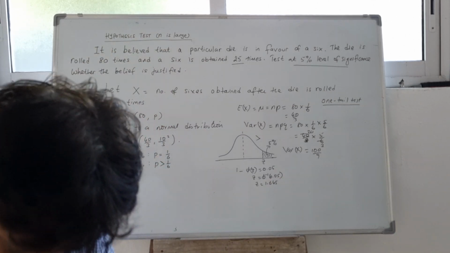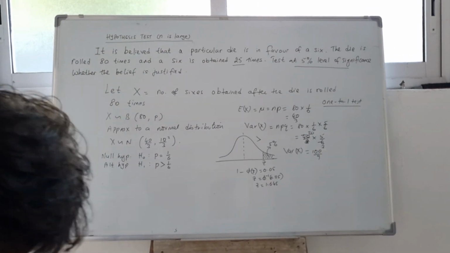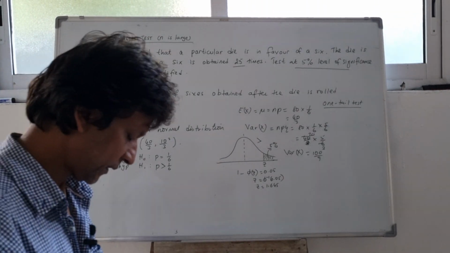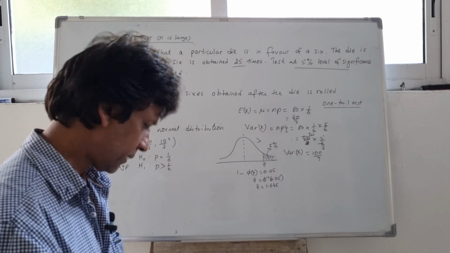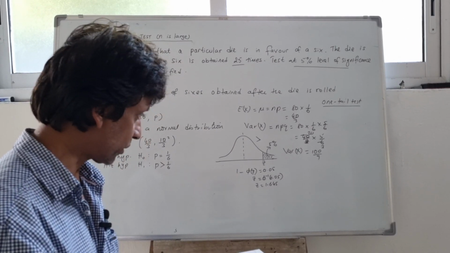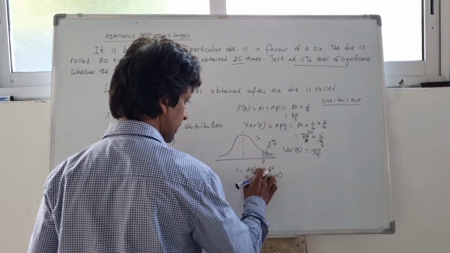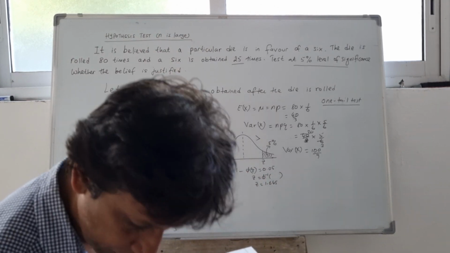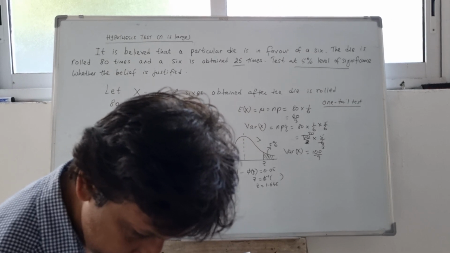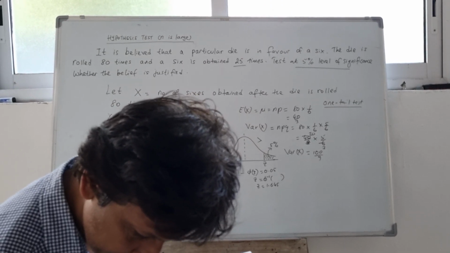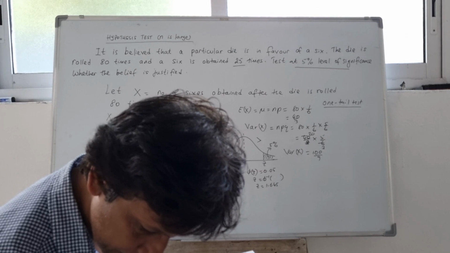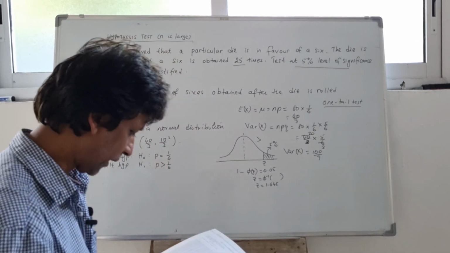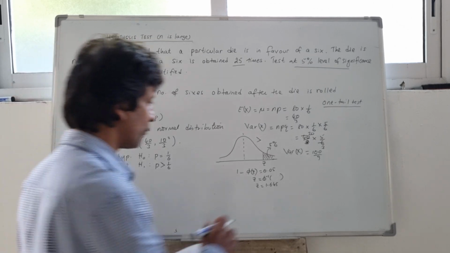Let me just check it from the table. We're looking at 1 minus 0.05, it's going to be 0.95, and 0.95 gives 1.645.